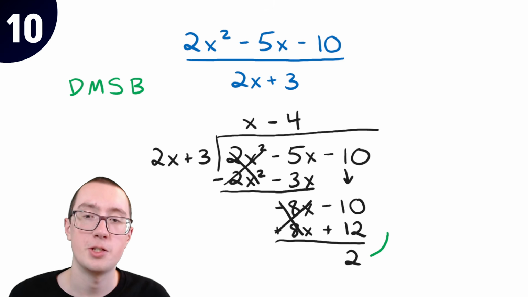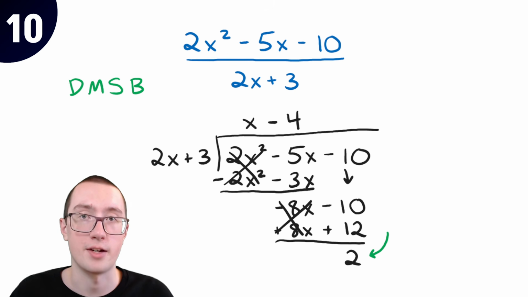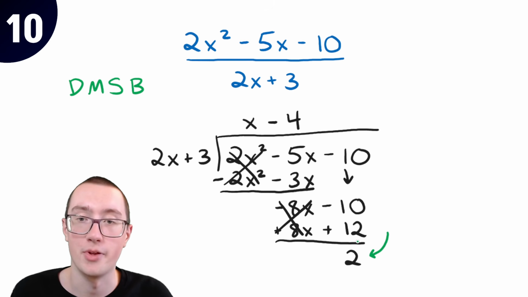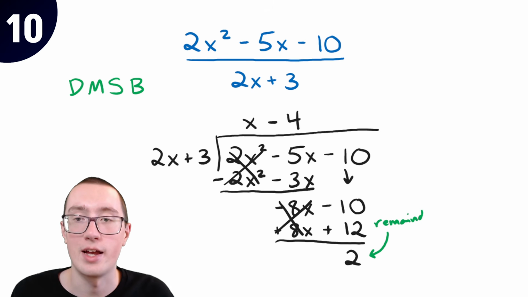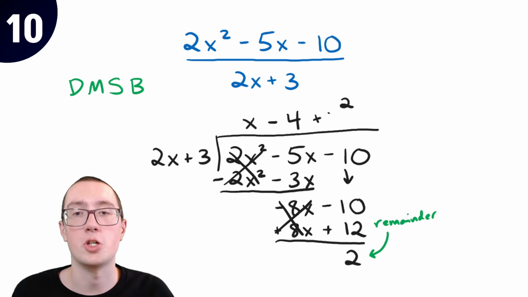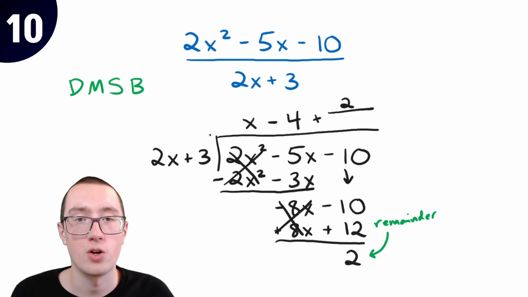So as long as this number here at the bottom is 0, we're done. That's it. And this part right here, x minus 4, is our answer. But this is not 0. So that means we have a remainder. And dealing with a remainder is actually pretty simple. We just need to attach it to the end of our answer. So our remainder is going to be plus 2, but the 2 has to be divided by our part that was outside of the division box.